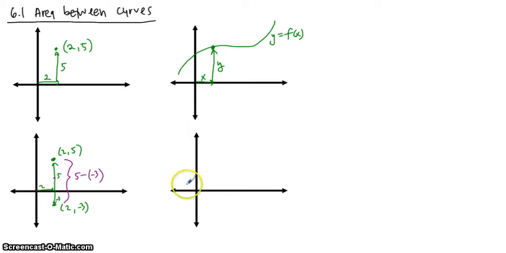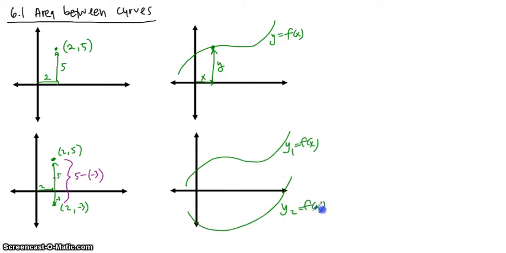Same thing goes for curves. If I have some curve y1 is equal to f of x, and then I have a lower curve y2 is equal to g of x, the vertical distance between these two curves, right, will be: I went over x and I went up a distance of y1 corresponding to this curve.